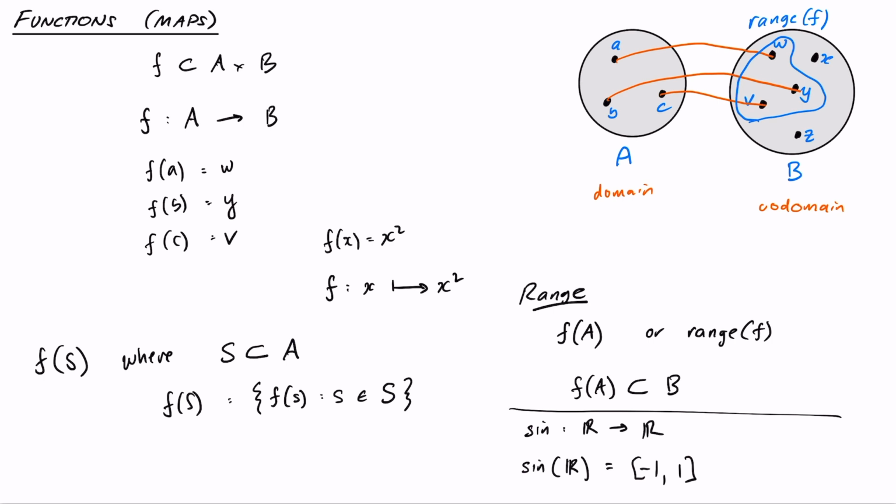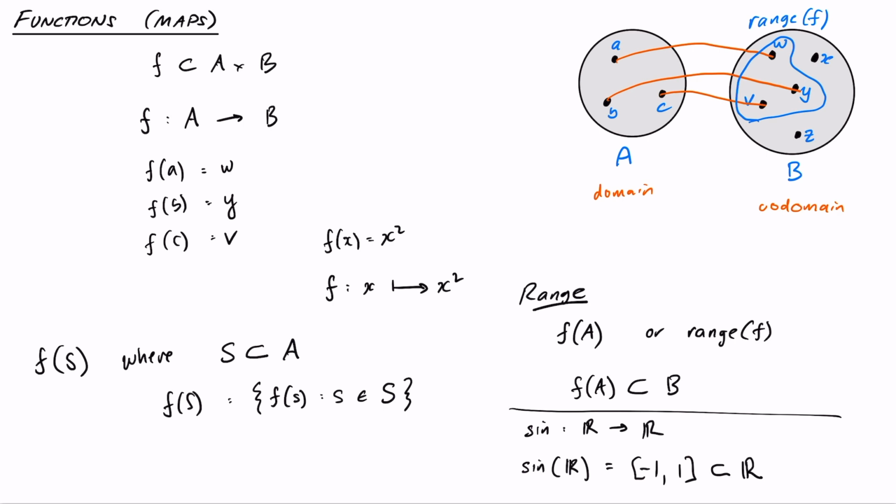So that range is contained within the codomain, which was R. And I could have said that the codomain was the interval -1, 1 if I'd wanted to instead, so long as it enclosed that range, then it would have been fine.